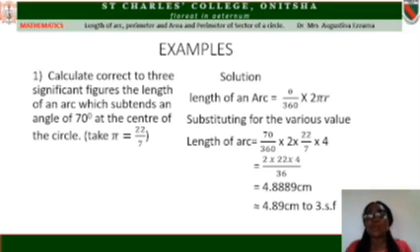You have just divided by 10, and the 0 has gone out from 70 and 0 has gone out from 360. And now we have 2 times 22 times 4 all over 36.